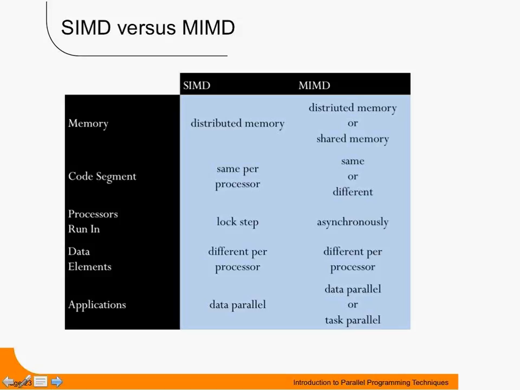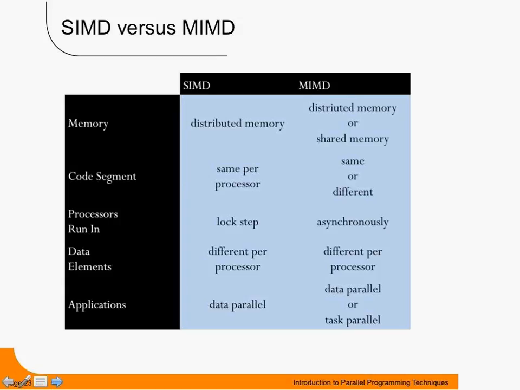If you look at the categories here, one is the memory, another one is the code segment, and the processing elements. SIMD only operates on distributed memory machines. In the lesson, I will explain in more detail what I mean by distributed memory machine.